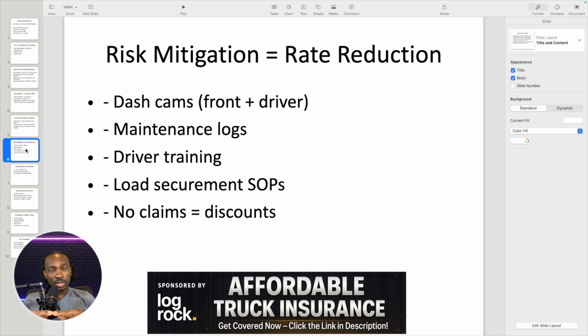Maintenance logs. You want to make sure that you have maintenance logs, and driver training. Here's something that, when I talk to a lot of new owner operators that put drivers out, they don't train them. You need to train the drivers.